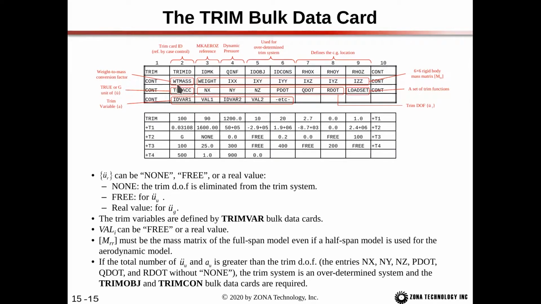Next, we have a weight mass field. So this allows you to convert weight to mass. So if your weight and inertia terms here are in terms of weight, then you need the weight mass to convert that. So for example, if you're in English units, your model is in feet, and then your weight here is in pounds, and your inertia terms are in pounds, the weight mass would need to convert the pounds to slugs.